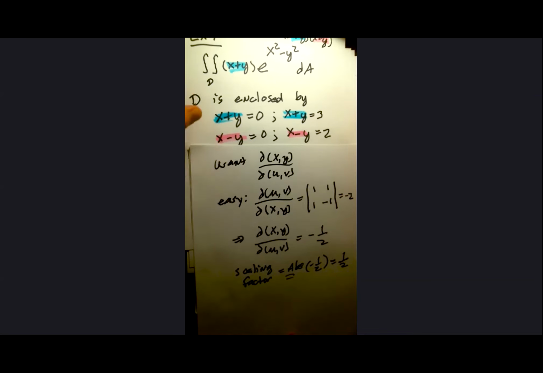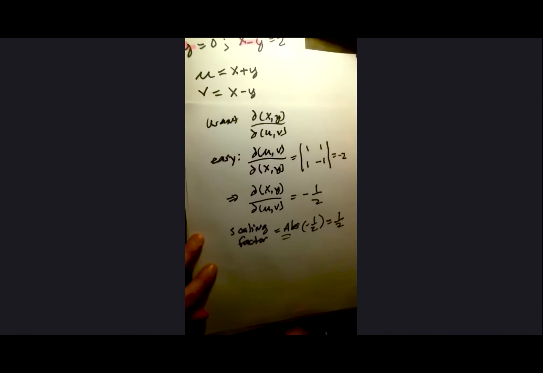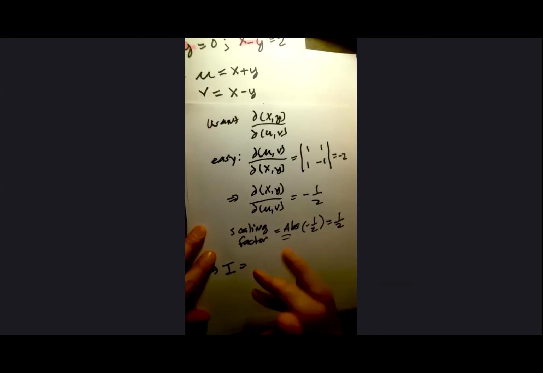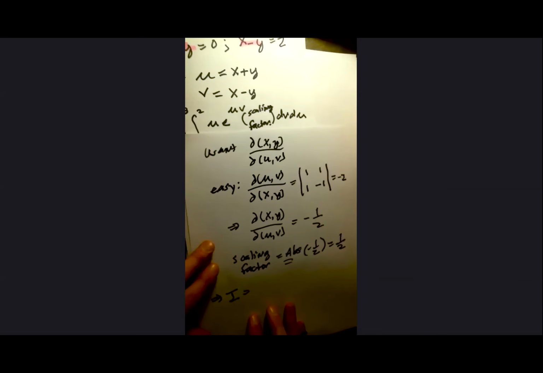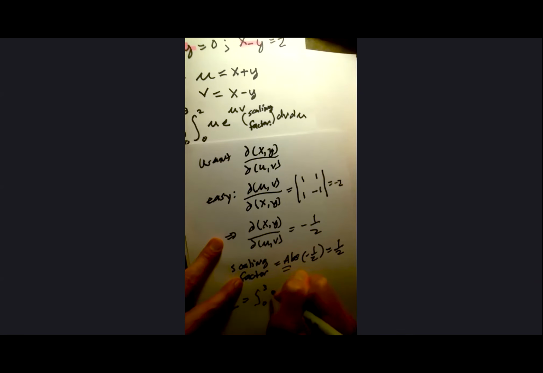That allows us to go back in and set up our integral: 0 to 3, 0 to 2, u e to the uv times 1/2 dv du.